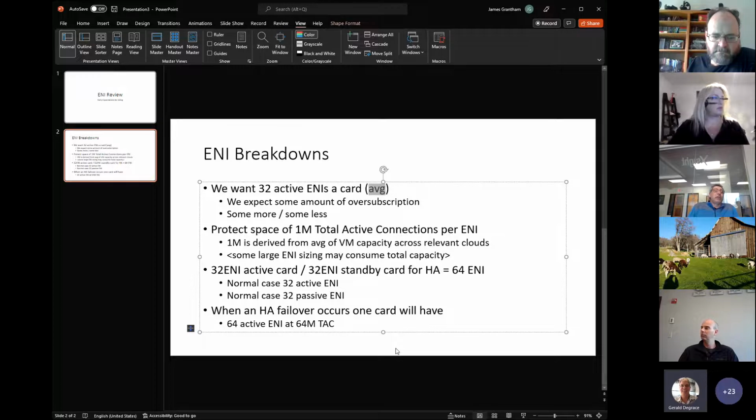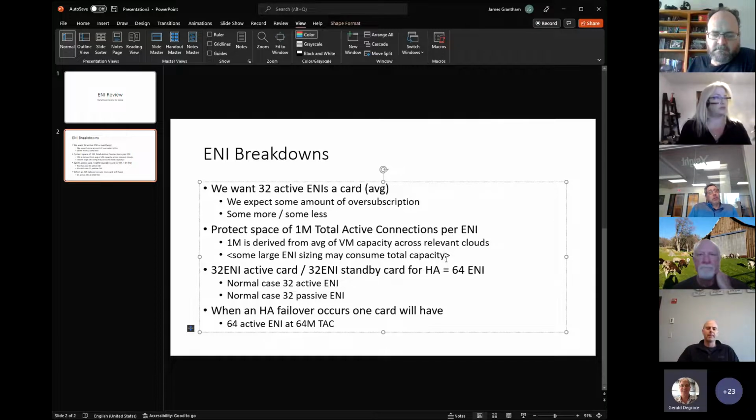But for example, it wouldn't say, I'm going to put a great big huge ENI that consumes all the space and then put a bunch of other ENIs on the same card. The allocator would take that into account. It takes the constraint and says, okay, that big VM is going to take a large part, so I can't put more VMs, or I can only put 2 more VMs on it. The allocator will decide that based on the requirement. But the average is actually quite accurate.